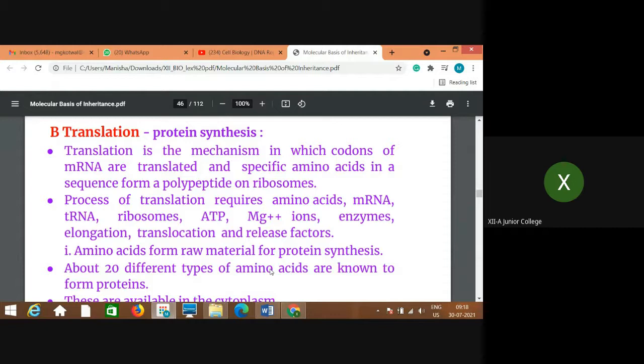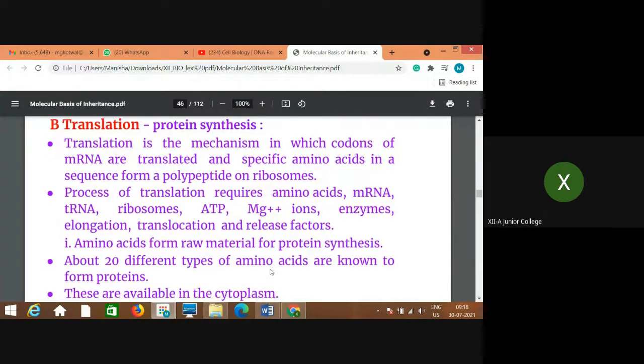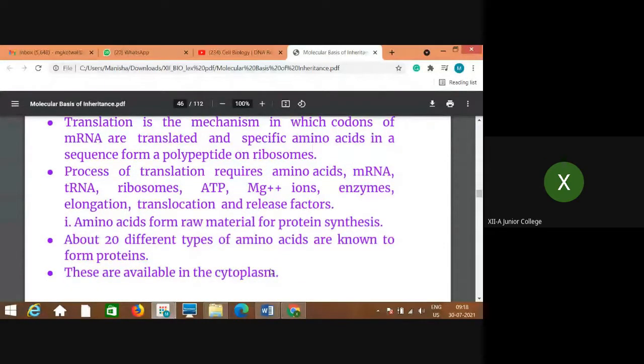So this is the second step we are talking about now. The process of translation requires amino acids, mRNA, tRNA, ribosomes, ATP, Mg ions, enzymes, elongation, translocation, and release factors.